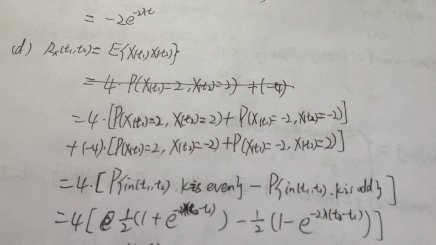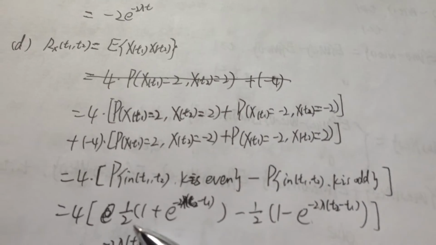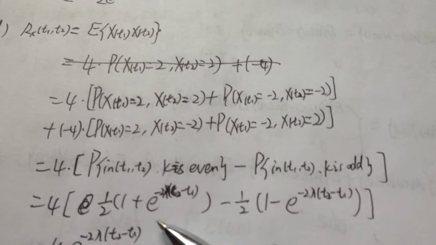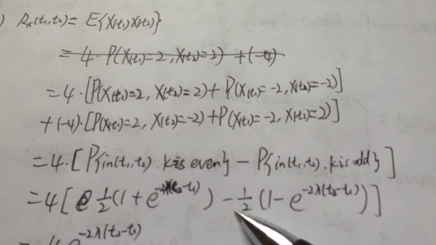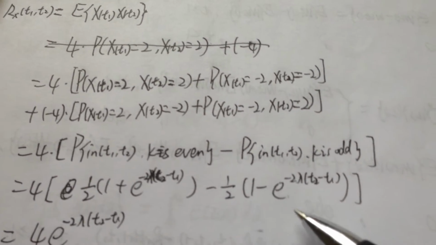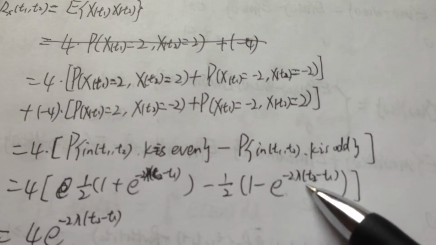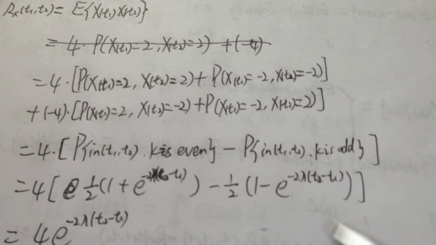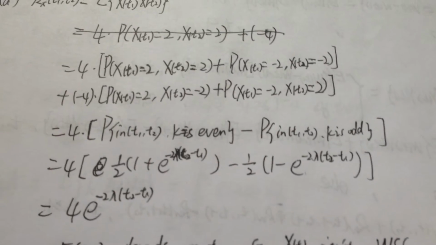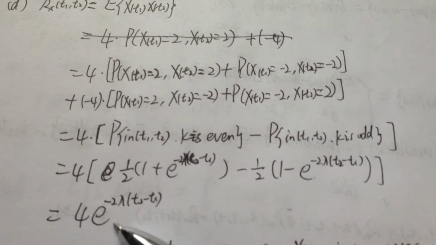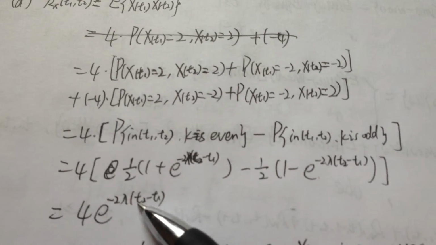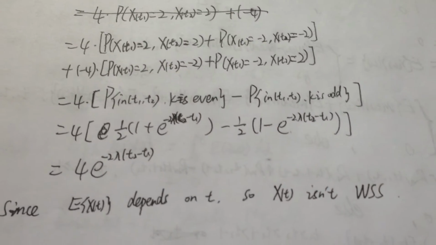So we can get the answer. It's 4 times 1/2 times (1 plus e to the minus 2 lambda (t2 minus t1)) minus 1/2 times (1 minus e to the minus 2 lambda (t2 minus t1)). And the answer is 4 times e to the minus 2 lambda (t2 minus t1).